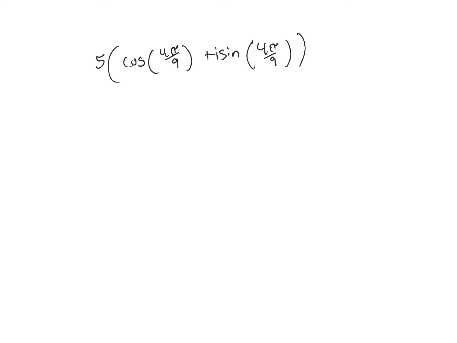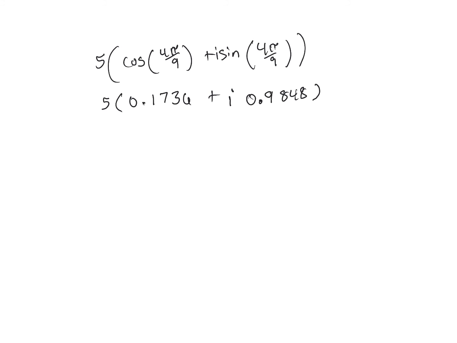In radian mode, remember, be careful, you gotta put in radian mode, I put in the cosine of 4 pi divided by 9. That gives me about 0.1736, and sine of 4 pi over 9 gives me about 0.9848, and we want it to 4 decimal places.